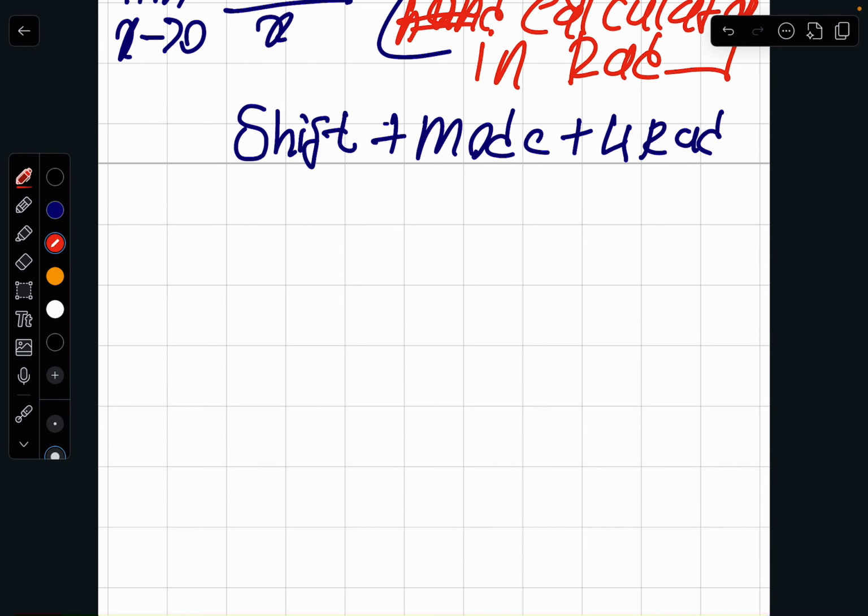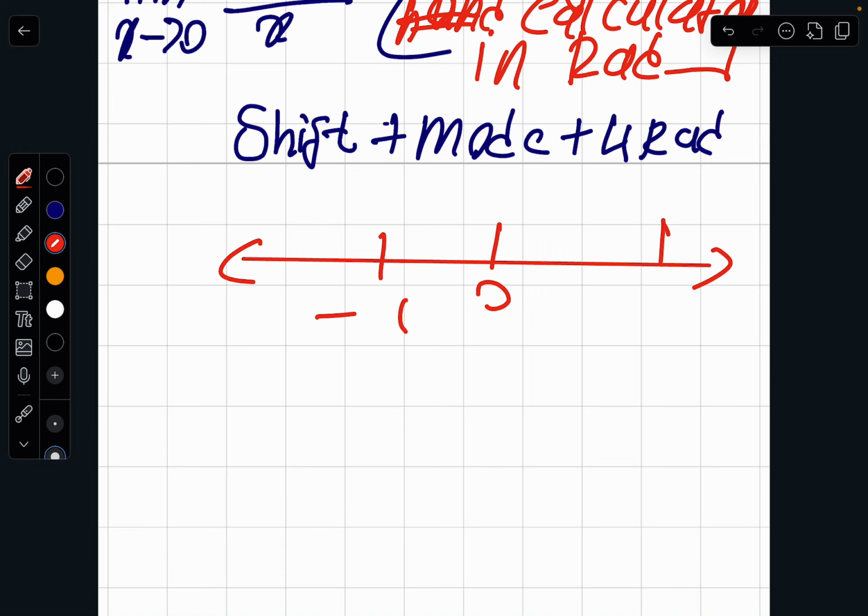So you draw a number line. This is 0, negative 1, and then another. Understand?